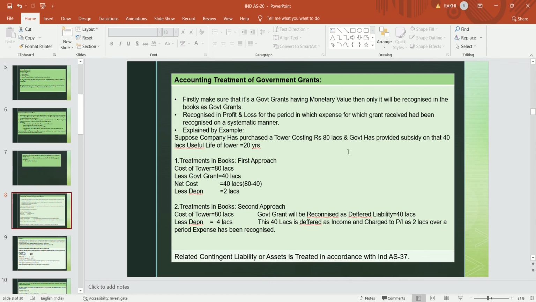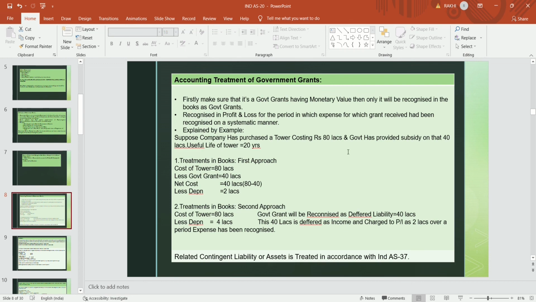We will amortize that liability as an income. We will show 2 lakhs as income each year over 20 years. In net, 4 lakhs minus 2 lakhs, that is 2 lakhs, is the expense. As in the net approach, where the depreciation is 2 lakhs, in the gross approach also the net expense is 2 lakhs.